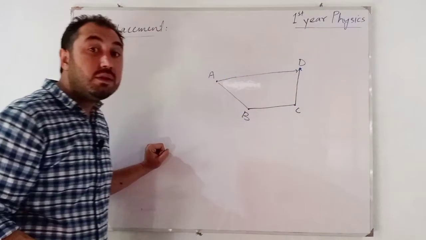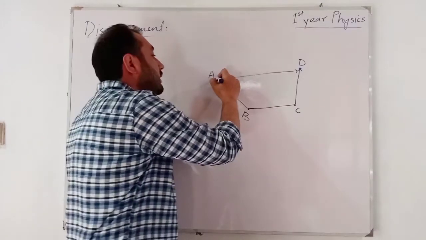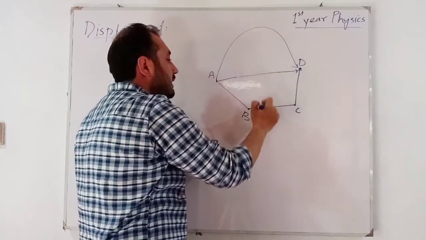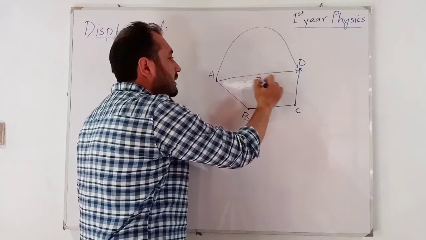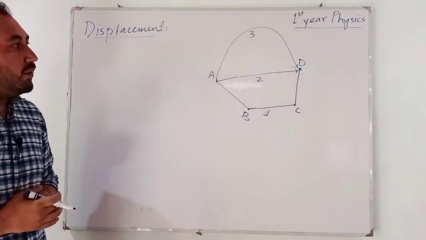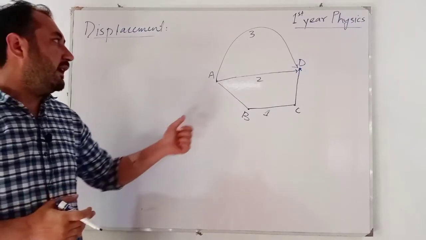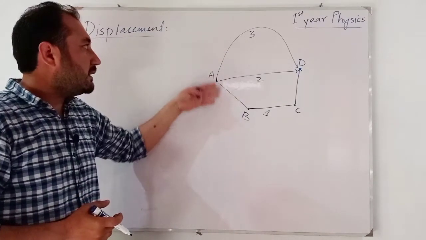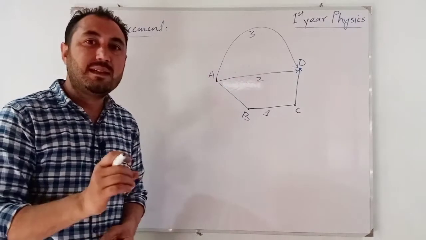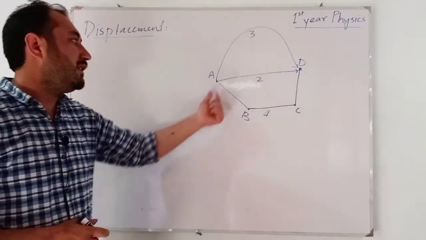It can also take any other path. Let's say this is path 1, this is path 2, and this is path 3. From all these three different paths, the second path is the shortest distance between these two points.